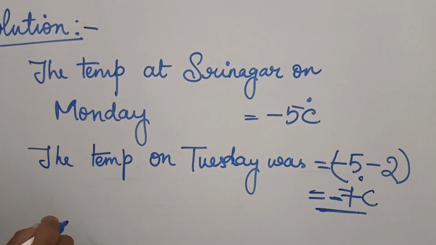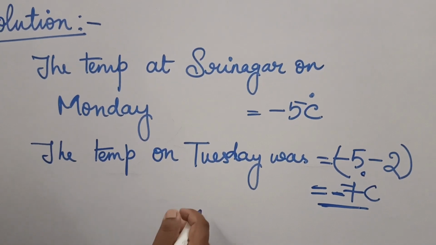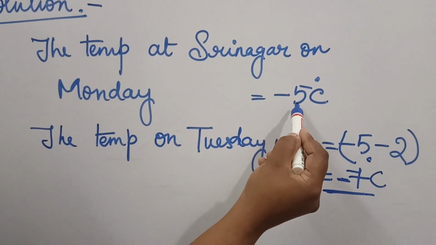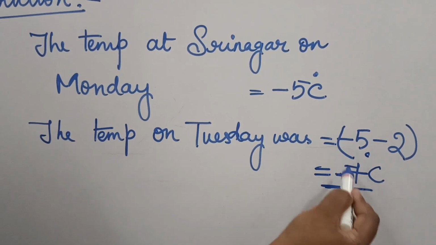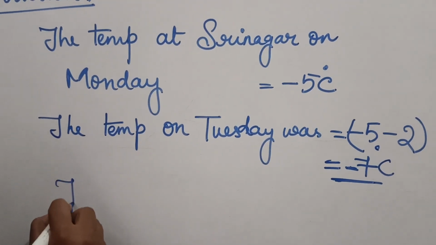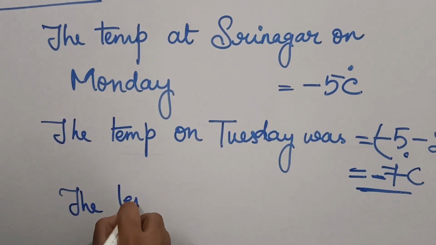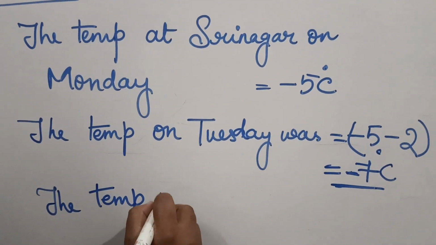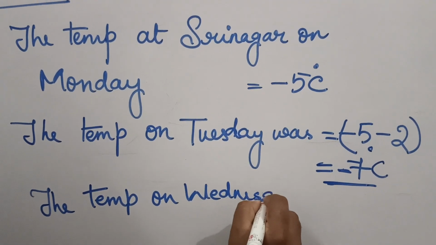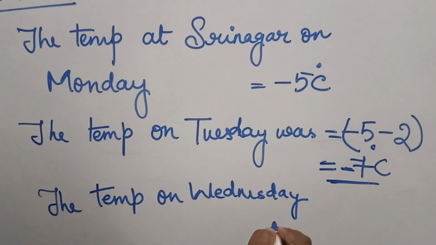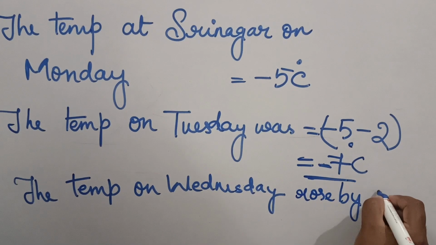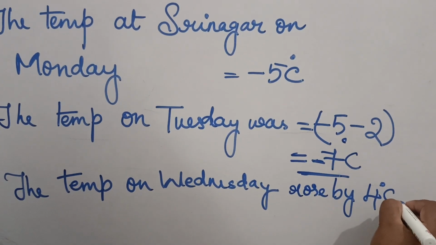And the question also asked, on Wednesday it rose by 4 degrees. So you will continue from here, but Monday it was minus 5, then it is minus 7 because it dropped, and again you have to continue it after that. So the temperature on Wednesday at Srinagar rose by, increased by 4 degrees Celsius.